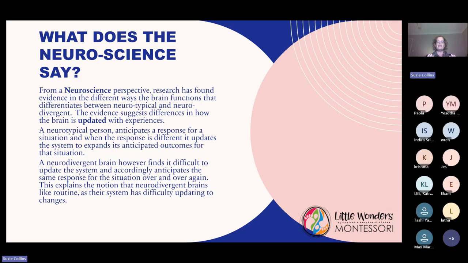It suggests that those differences are actually in how our brain updates our experiences. A neurotypical person generally anticipates a particular response for a situation, and when that response is different, it can update the brain to expand its anticipated outcomes for that situation.